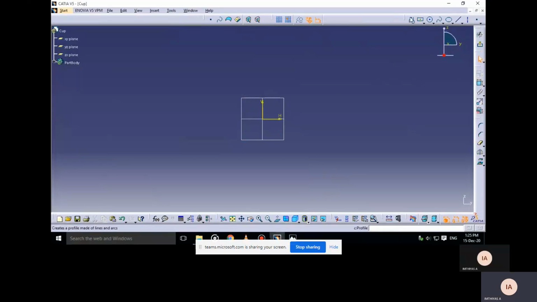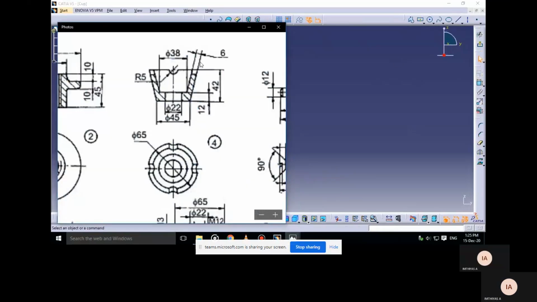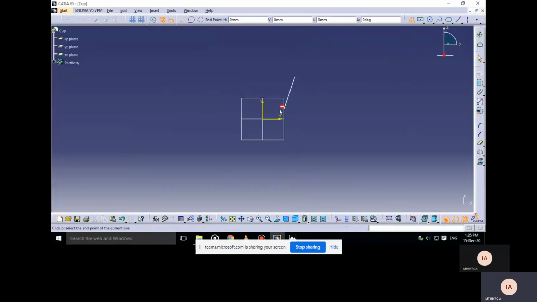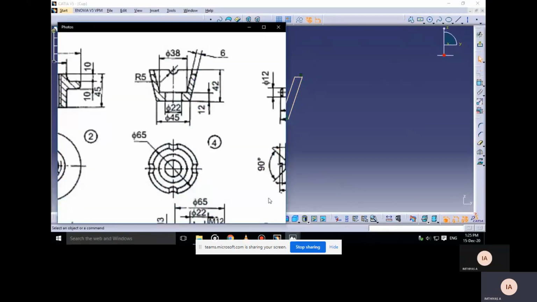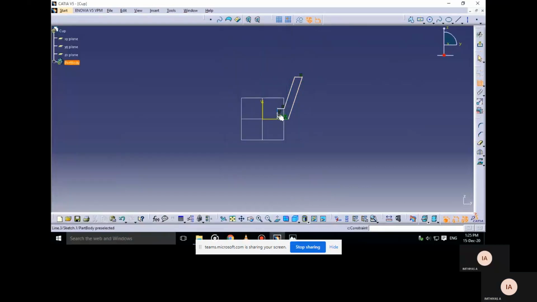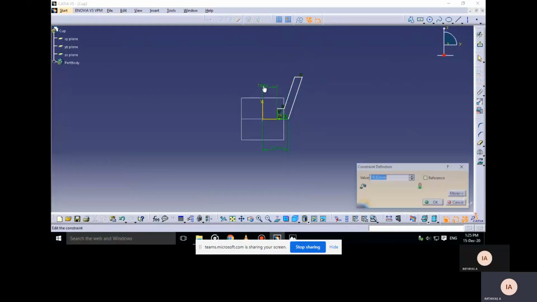We'll use the profile command. This is also a symmetric object, so we'll use the profile command and change the dimension by using the constraint command. Then we can use the shaft command to revolve it. From the center, the inner side is dia 22, that means 11.